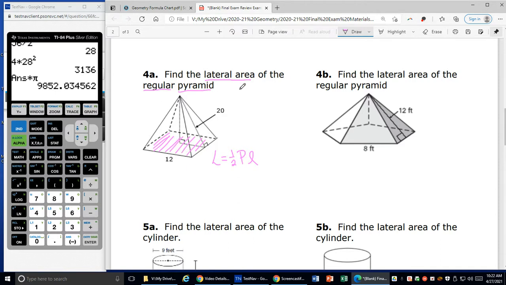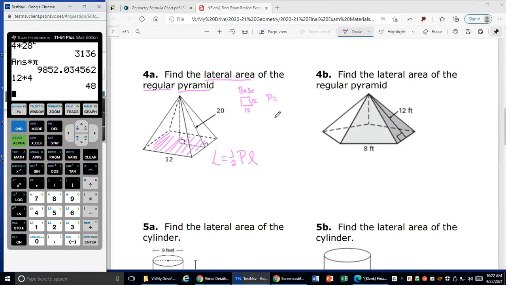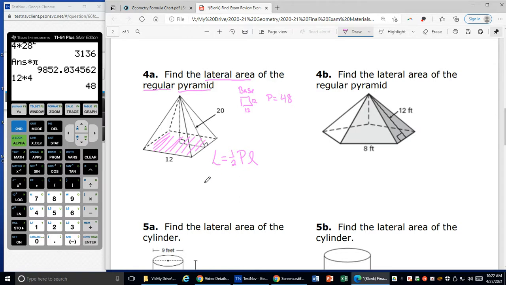Okay, so that means my base is a square with side 12, which means the perimeter is going to be 12 plus 12 plus 12 plus 12, or 12 times 4, which is 48. My lateral area is 1/2. My perimeter is 48. My slant height, remember that is the ball rolling down the side of the pyramid.